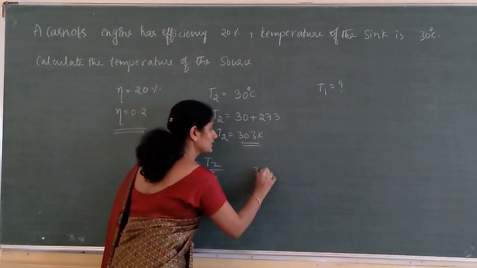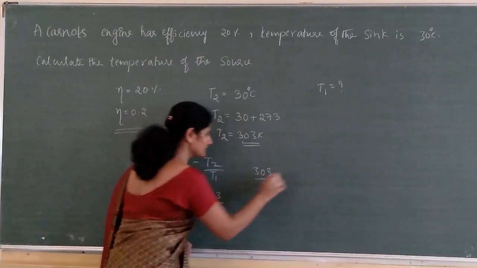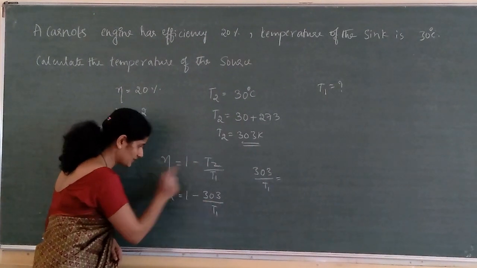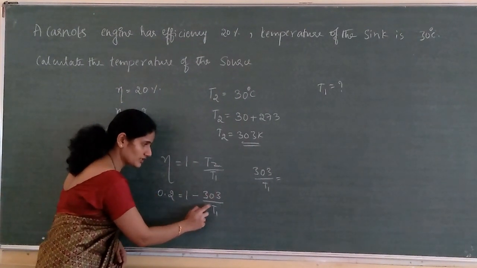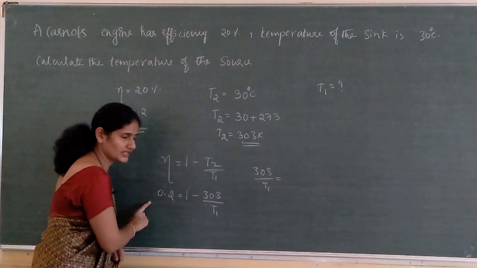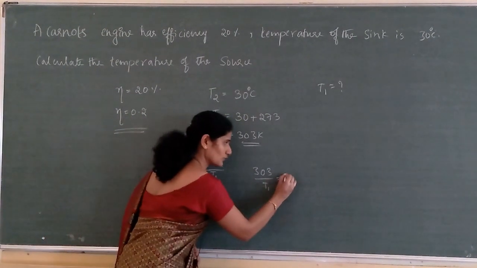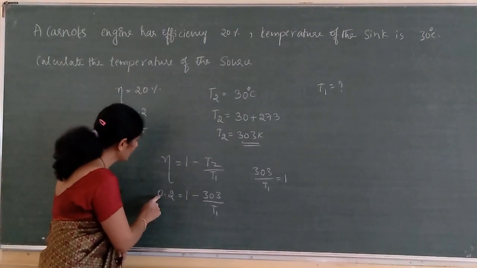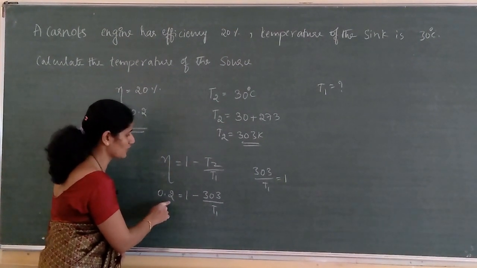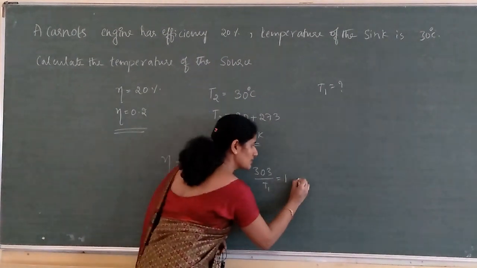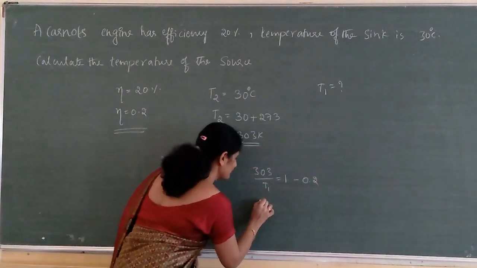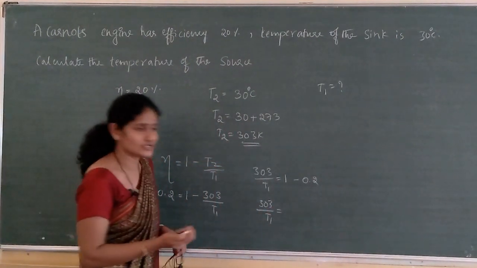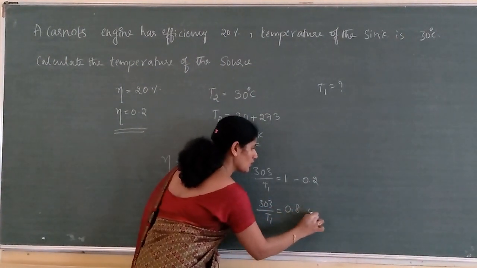So, bring this term here. Minus 303 divided by T1 becomes plus 303 divided by T1 is equal to 1 minus 0.2, because we have plus 0.2, when it comes here it becomes minus 0.2. So, 303 divided by T1 is equal to 1 minus 0.2, which is 0.8.